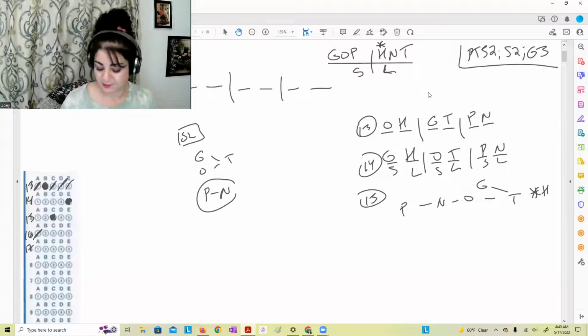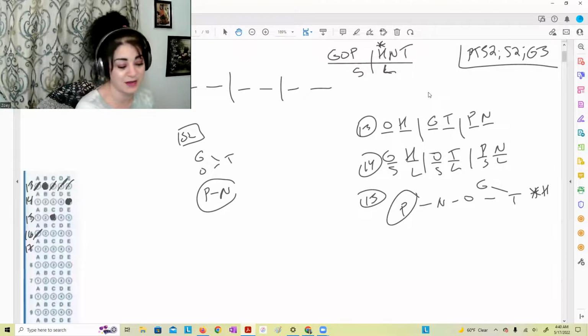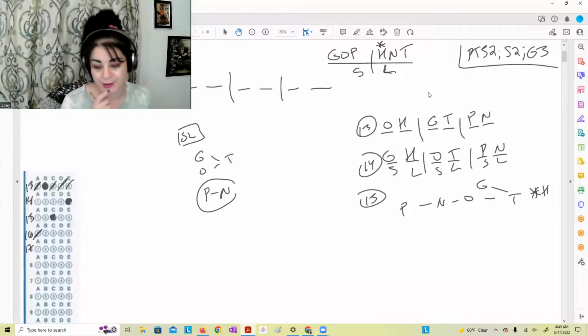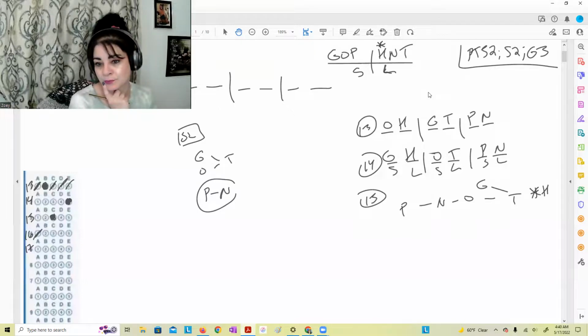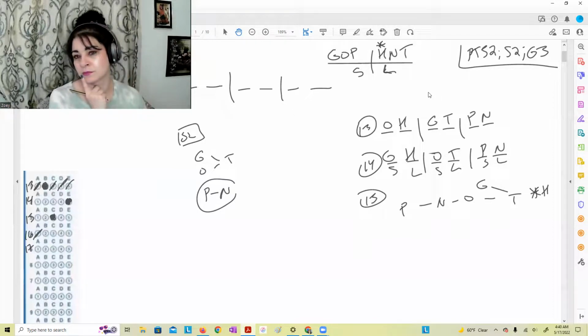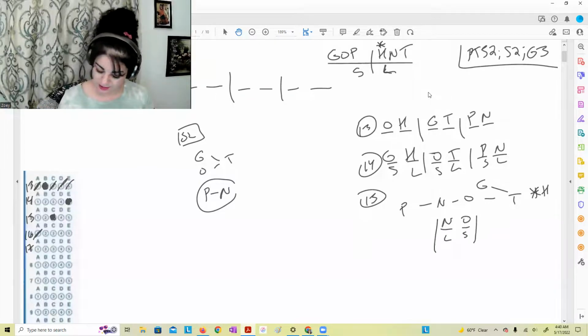B is something I wouldn't cross off based on this because P can't be that far back. Could O be that far back? Sure, it could. Looking at this, yeah, O could be there. We could do N and O. N is long, O is short.